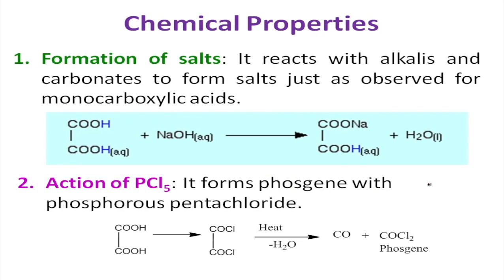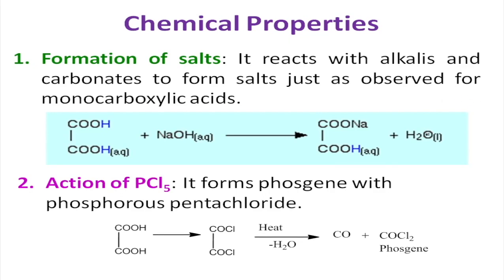Chemical properties of oxalic acid. Number 1, formation of salts. It reacts with alkalis and carbonates to form salts, just as observed for monocarboxylic acids.